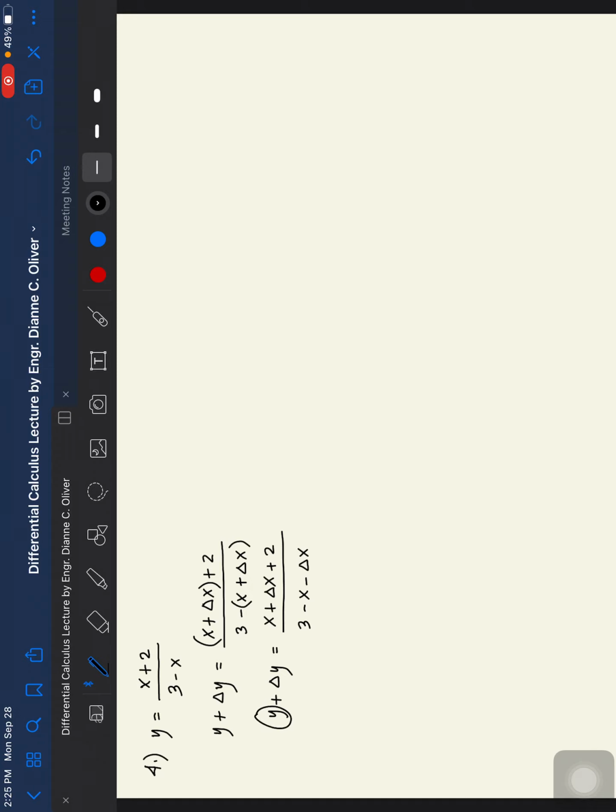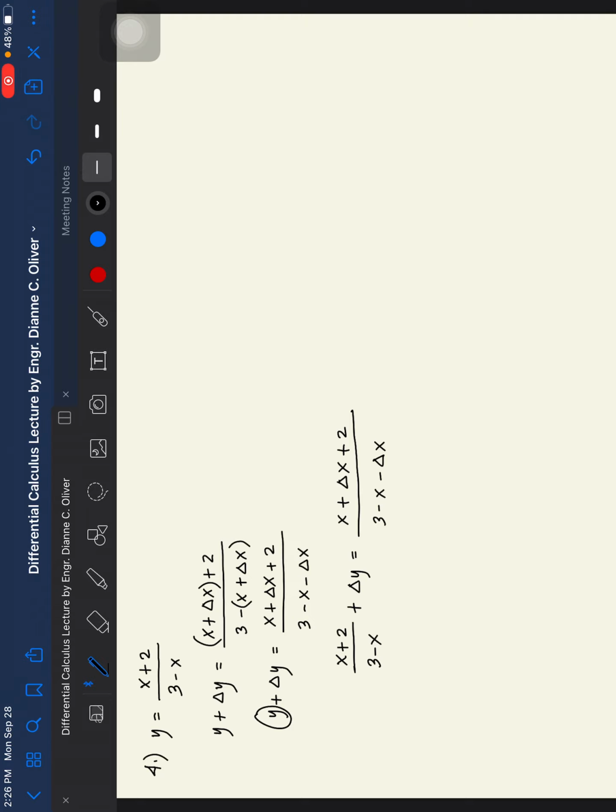Then substitute for the value of y. Now for the value of y, we have x plus 2 over 3 minus x, and just remove the parentheses. So x plus 2 over 3 minus x, plus delta y, equals x plus delta x plus 2 over 3 minus x minus delta x.